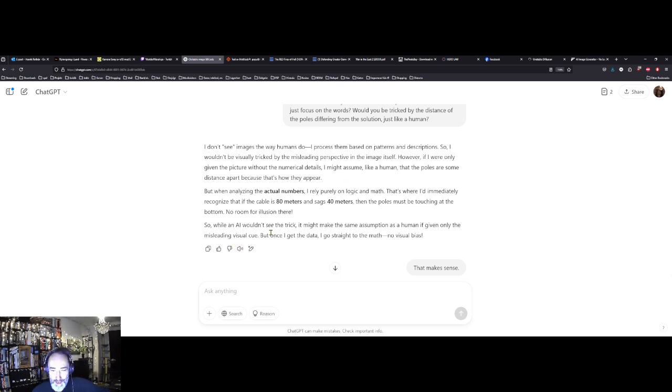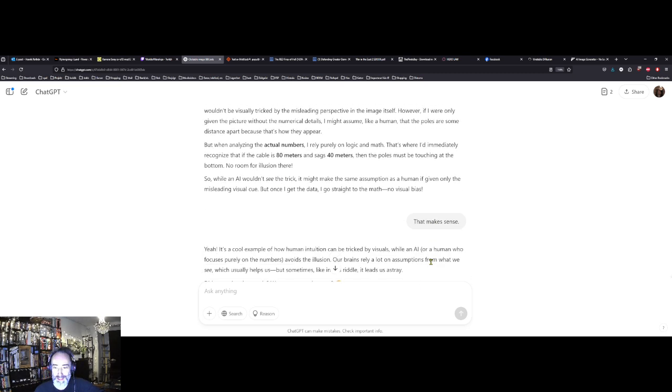So while an AI wouldn't see the trick, it might make the same assumption as a human if given only the misleading visual cue. So yeah, it says that if I can see the picture with the poles being apart, I don't care about that. Humans do, but I don't. I just check the numbers and the logic. And I answered that makes sense.